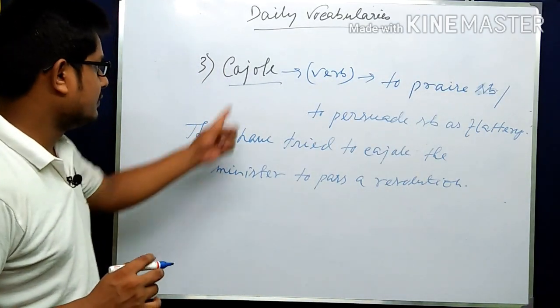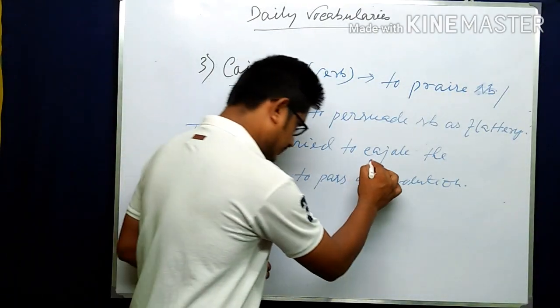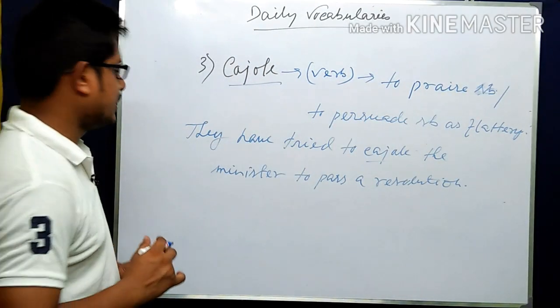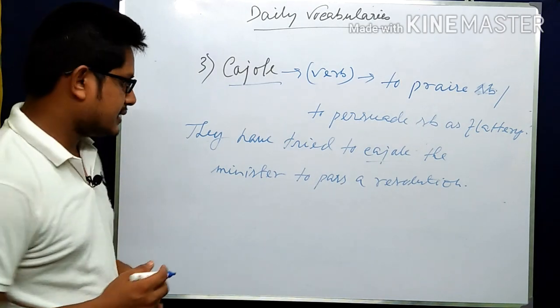Clear? This is the sentence for cajole. Here, they have tried to cajole means they have tried to plead or persuade the minister to pass a resolution. It's kind of flattery.